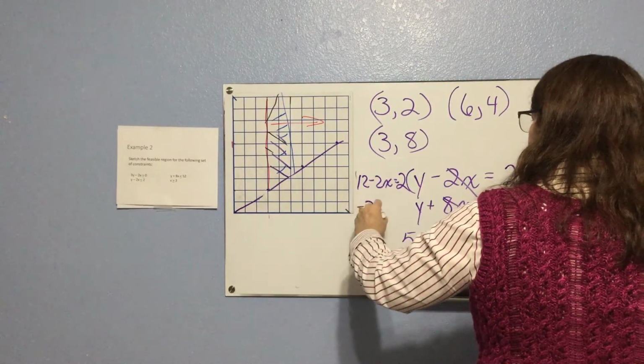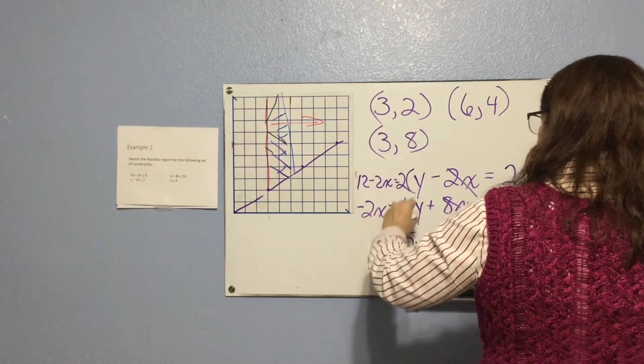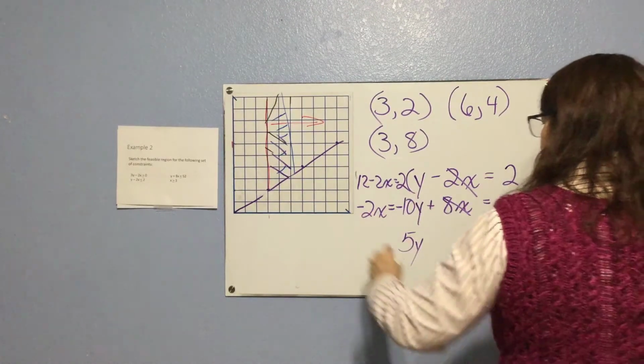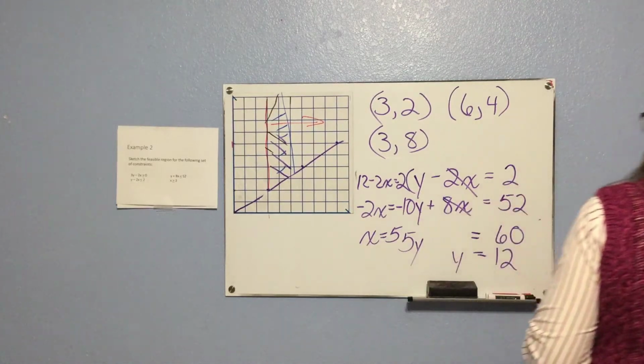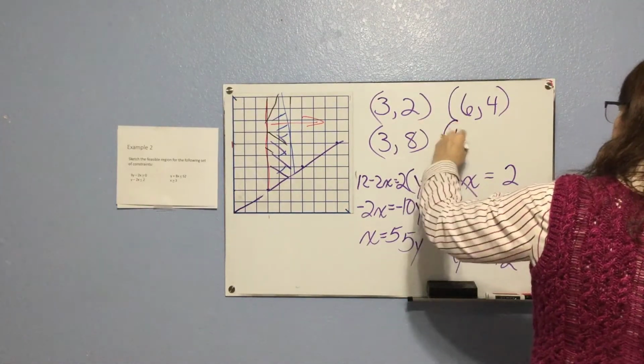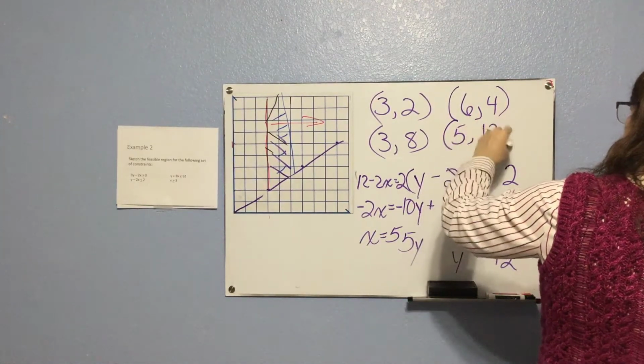So negative 2x equals negative 10, and x equals 5. So this is my last point, 5, 12.